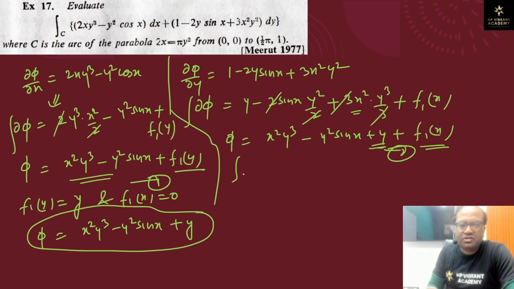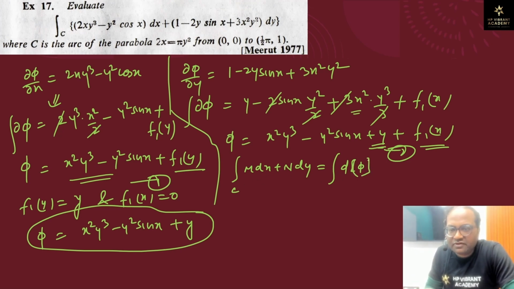So we have the total integration. We have the integration along the curve C, m dx plus n dy, is equal to integration of total differentiation of phi. Okay, we have the value as d phi.